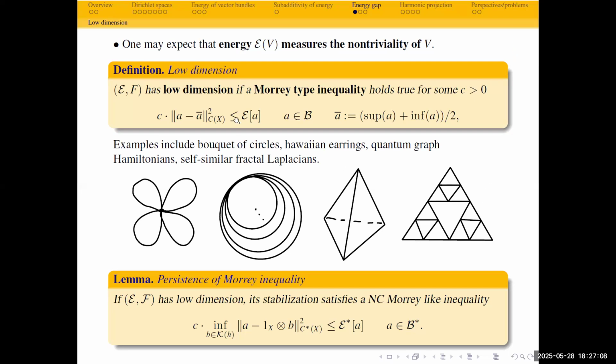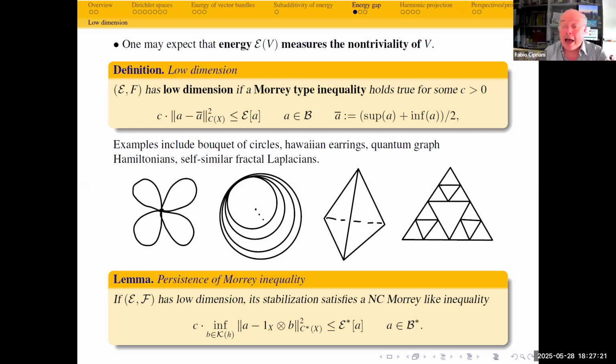Okay, let's assume that this infimum is realized at some compact operator. Can this operator be regarded as some kind of average? I don't know.